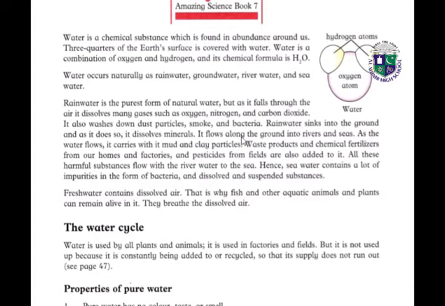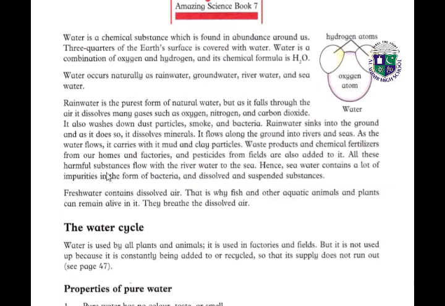Rainwater sinks into the ground, and as it does so, it dissolves minerals because the soil contains different kinds of minerals. It flows along the ground into rivers and seas. As the water flows, it carries with it mud and clay particles, waste products and chemical fertilizers from our homes and factories, and pesticides from fields are also added to it.